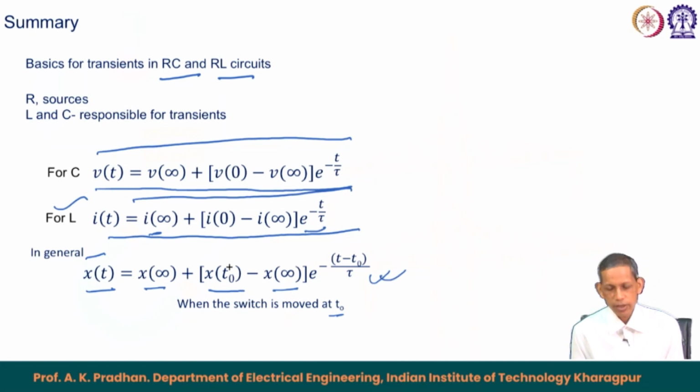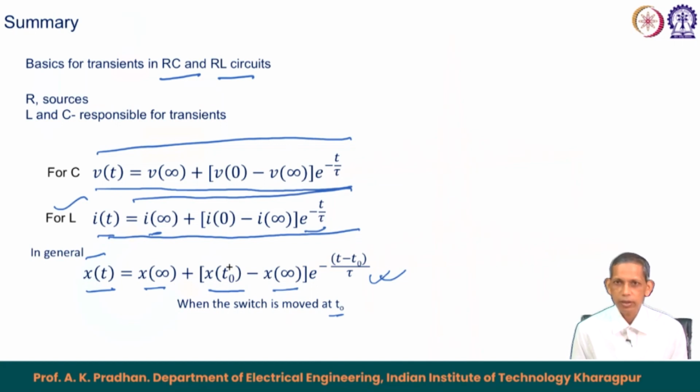Note that this generic expression is also valid for source free circuits, because there also we talk about the complete response. The complete response happens to be equal to the corresponding transient response only.